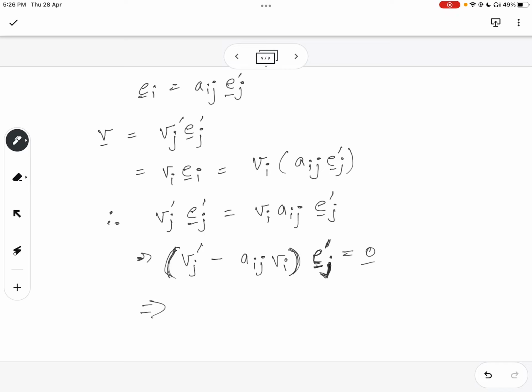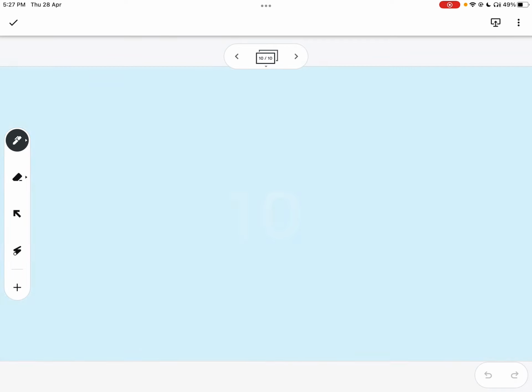So this is equivalent to writing alpha i Ej prime is equal to 0 for linearly independent vectors Ej prime, which implies that all the alpha i's are 0. That means Vj prime minus Aij Vi is 0. Hence Vj prime is equal to Aij Vi.